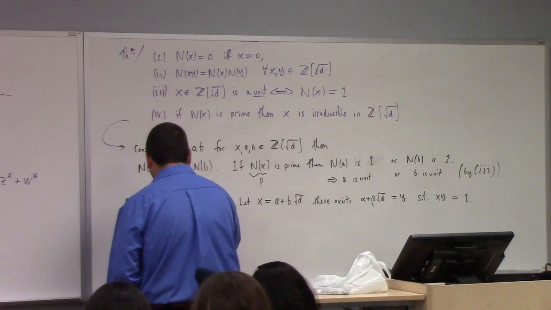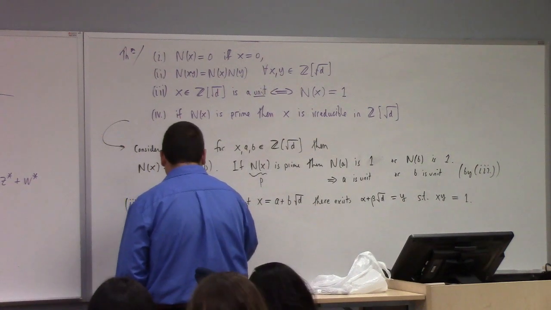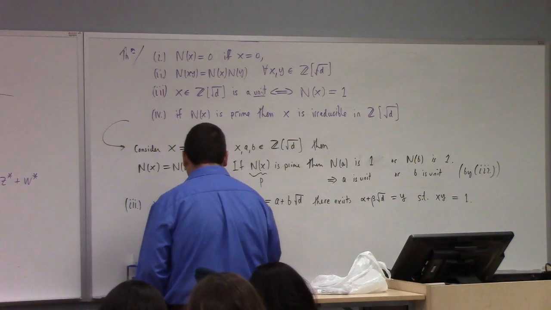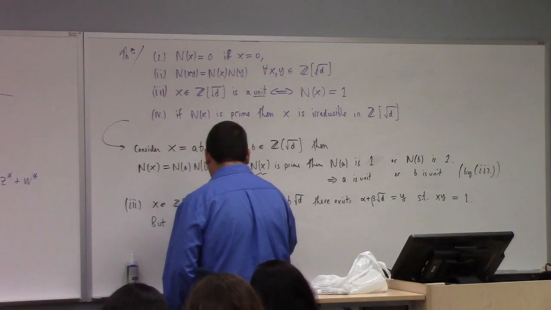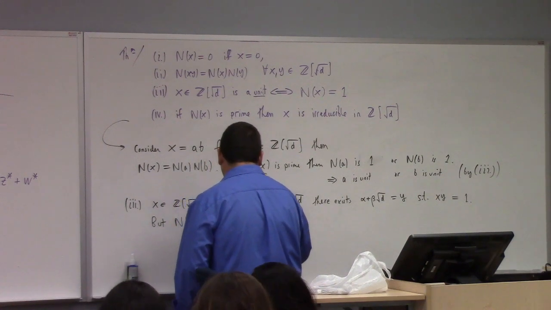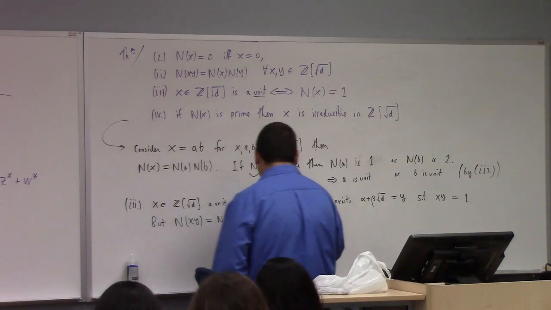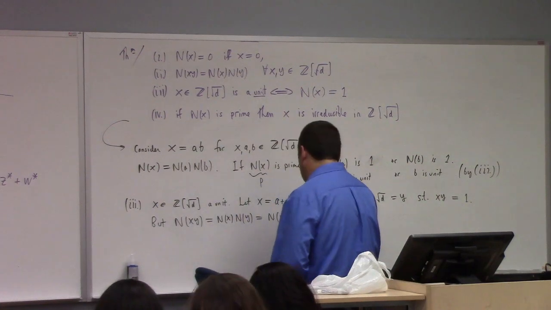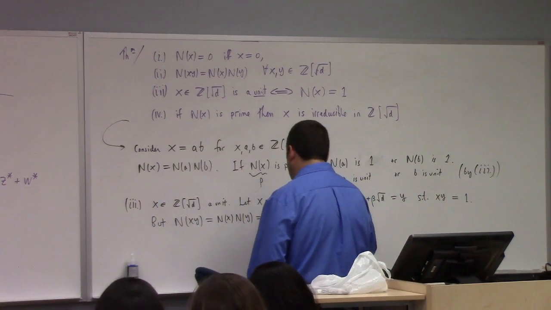But the norm of xy is equal to the norm of x times the norm of y, which is equal to the norm of 1, which is equal to what? Well, that's 1.